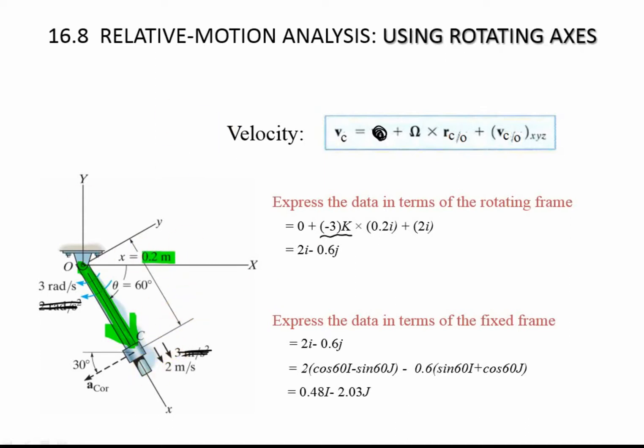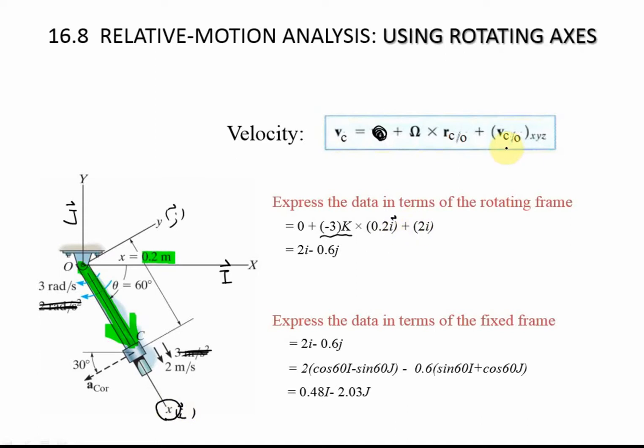So right now the unit vector of your local axis is small i and small j, and the unit vector for fixed is capital I and capital J. So I just used the small letter i because this is 0.2 along my local coordinate system.